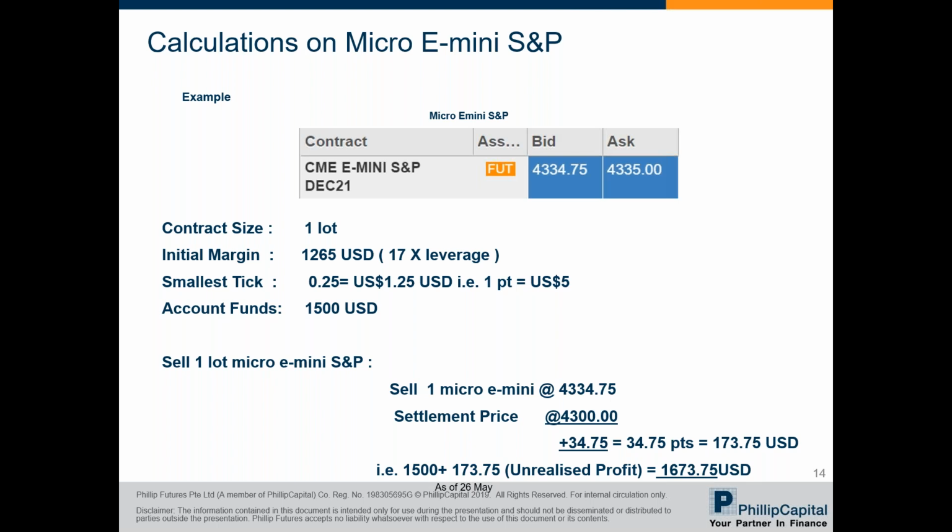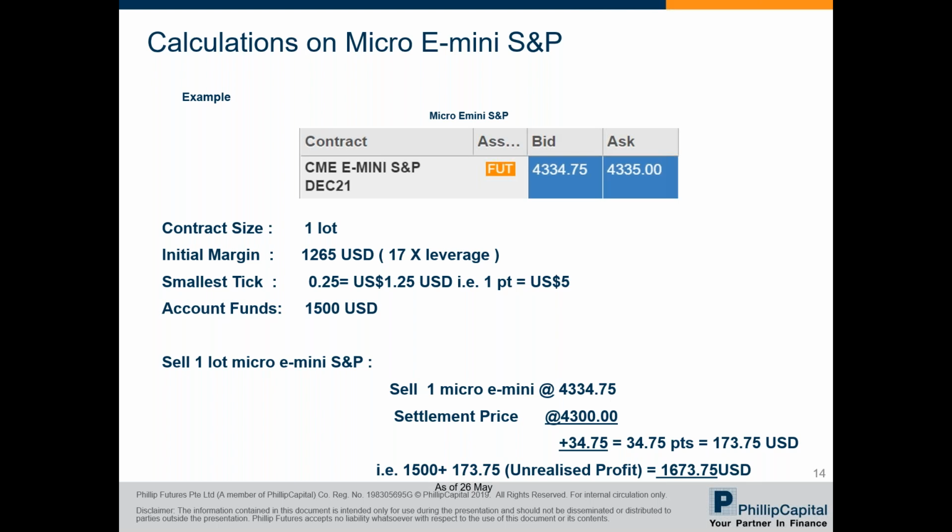This time, however, we do not close out the position at all, and the market closes and settles at the price 4,300, which is the closing price, called the settlement price, as the exchange releases this settlement price. So there's a difference of 34.75 points, and by doing simple math, multiplying by 5, you get 173.75 US dollars.